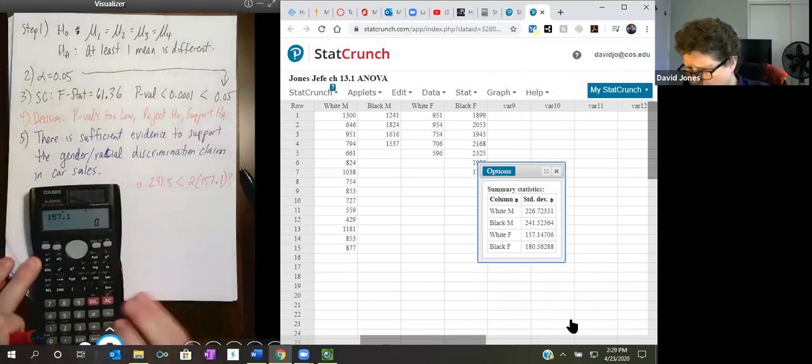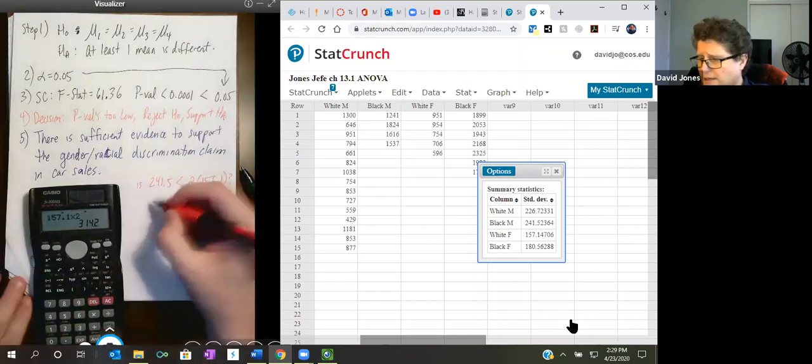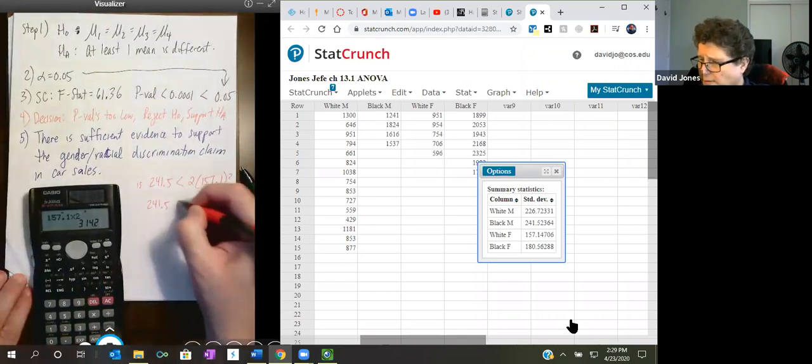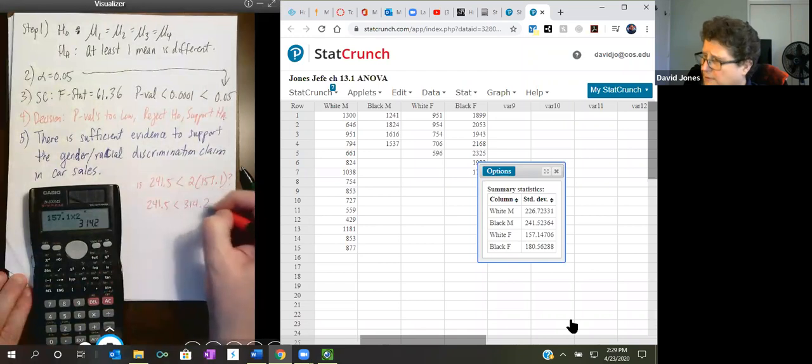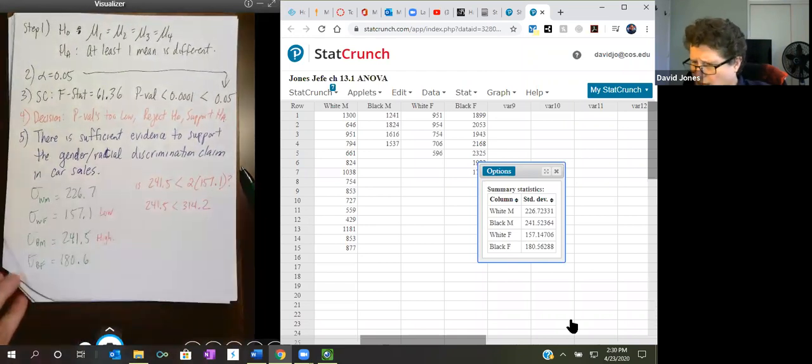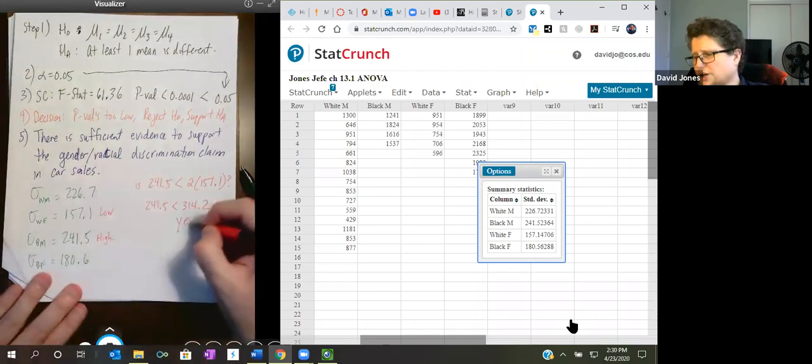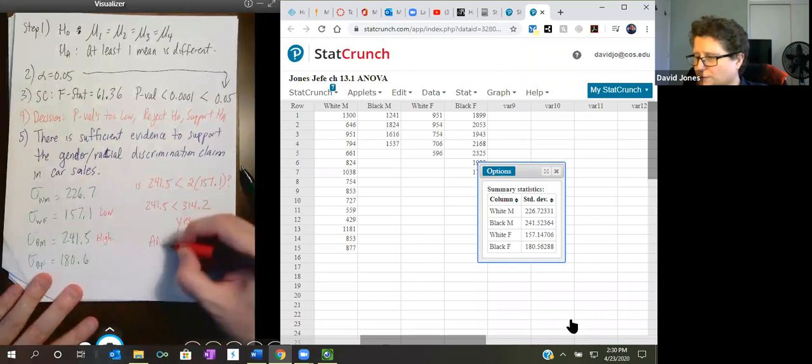Should be 314.2. Yep. Yes. So the ANOVA requirements were met.